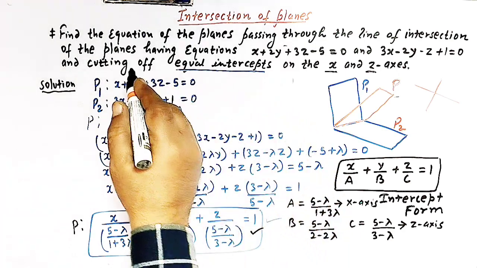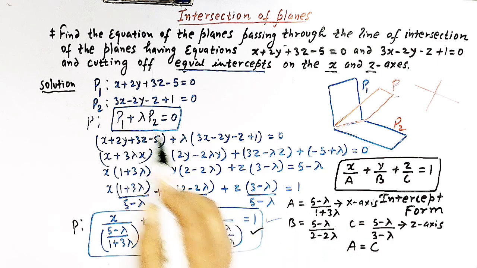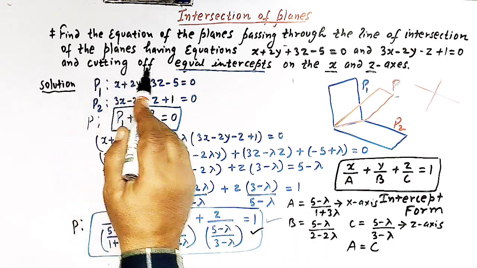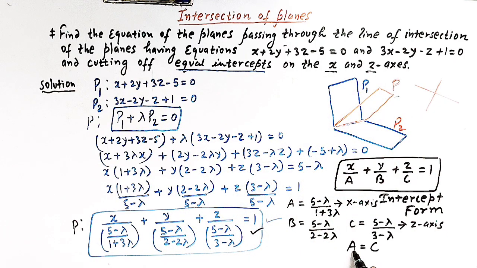So here we are given that a is equal to c, because the lengths of these two intercepts are equal. So we can now equate these two terms: (5 − λ)/(1 + 3λ) is equal to (5 − λ)/(3 − λ).